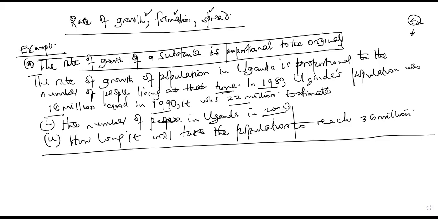If 15 ladies in this month have produced boys, and the other month maybe 60 women have produced boys, how many boys will be produced by maybe 100 women? One can estimate. So here we are looking at what population it will be by 2005 if it is growing like this. You first generate a model that will give you a differential equation. Then from that differential equation, you obtain a solution, and then you start substituting for what they want. So let's see.